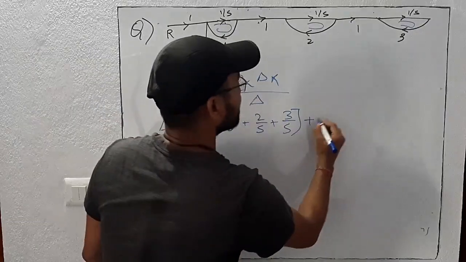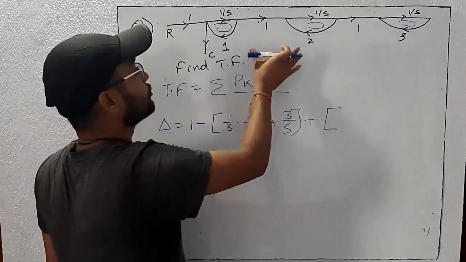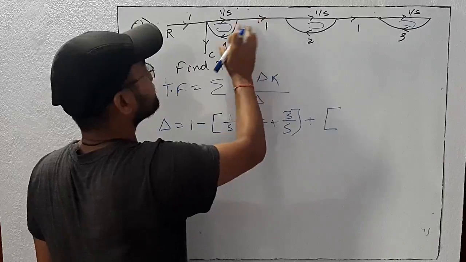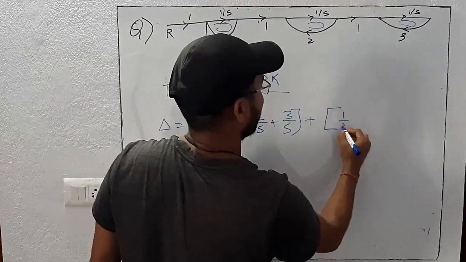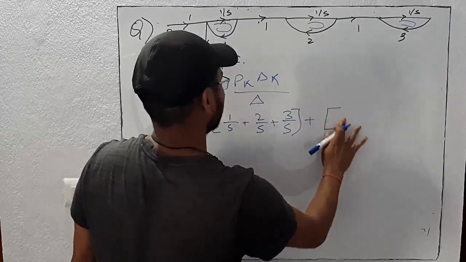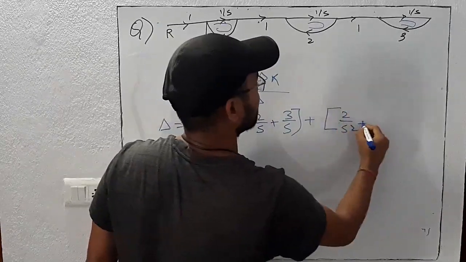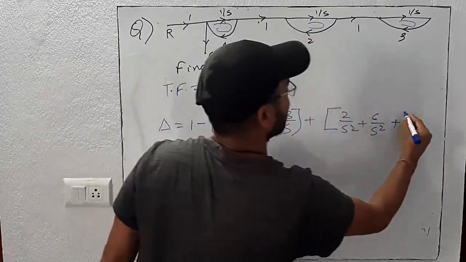Now plus the product of two non-touching loop gains, and we will do the sum. So these two are non-touching loop gains, that is equal to 1 by s into 2 by s, so it will be 2 by s squared. For these two it will be 6 by s squared, and for these two it will be 3 by s squared.